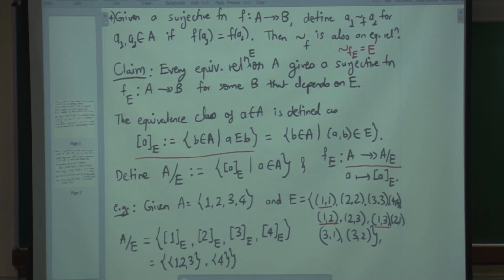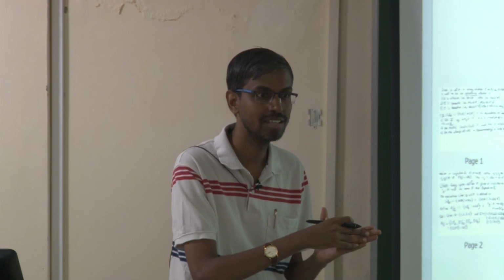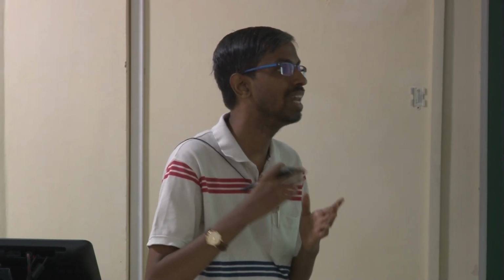Okay, so it's a perfect one-to-one correspondence between equivalence relations and such quotients. Surjective maps with domain A are called quotients of A. However, there is a catch, it's not a perfect one-to-one correspondence. Any questions so far?